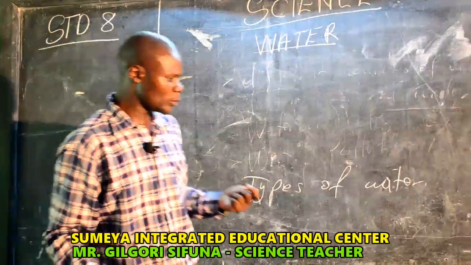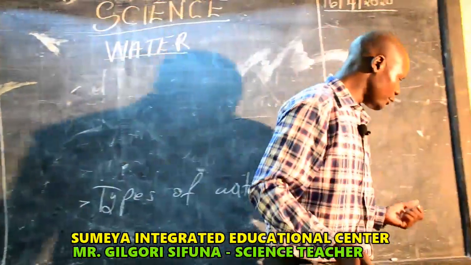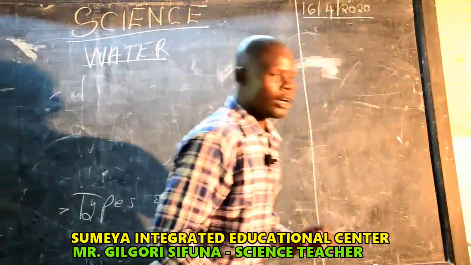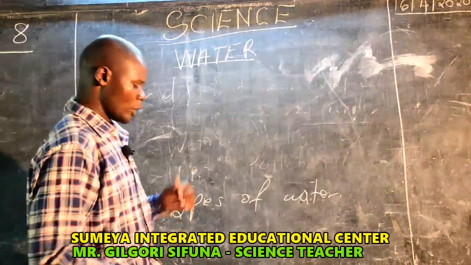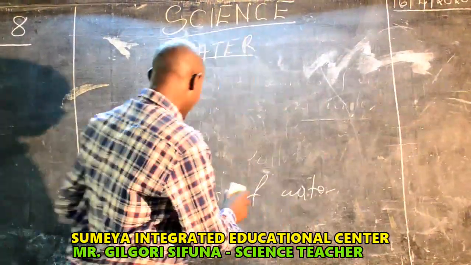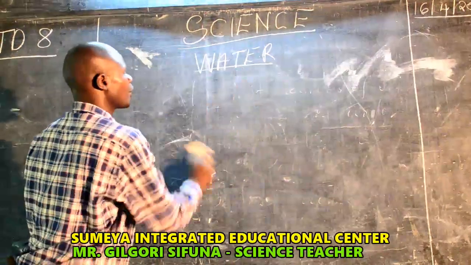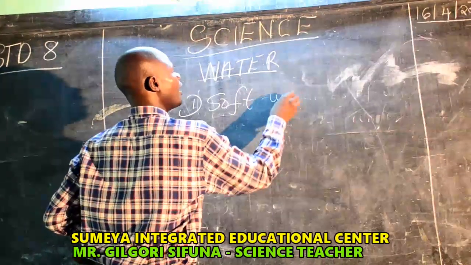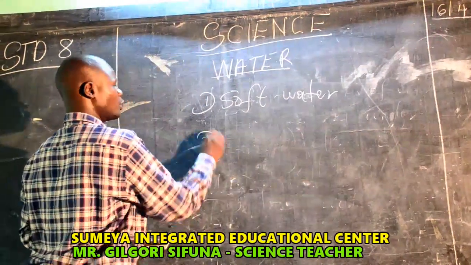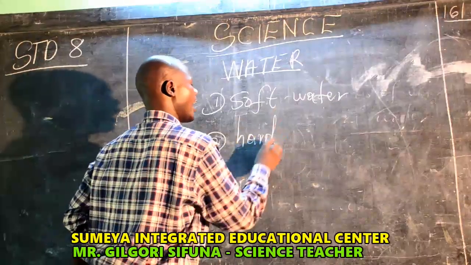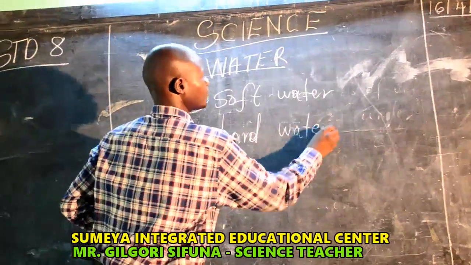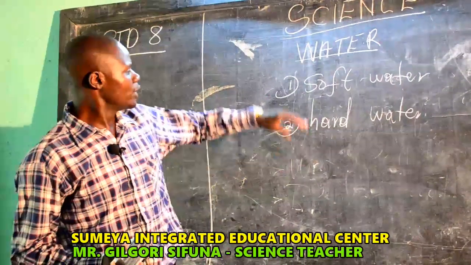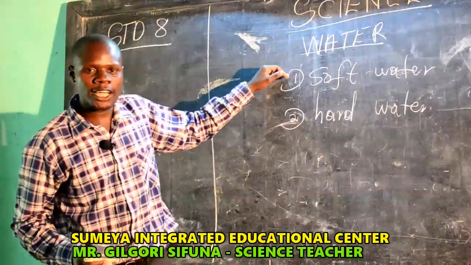How can we define types of water? We have two types of water. One is soft water and two is hard water.